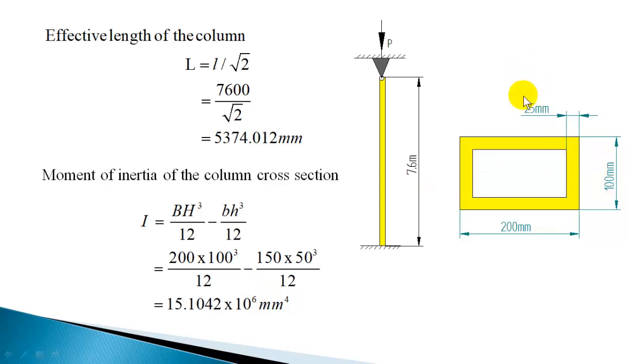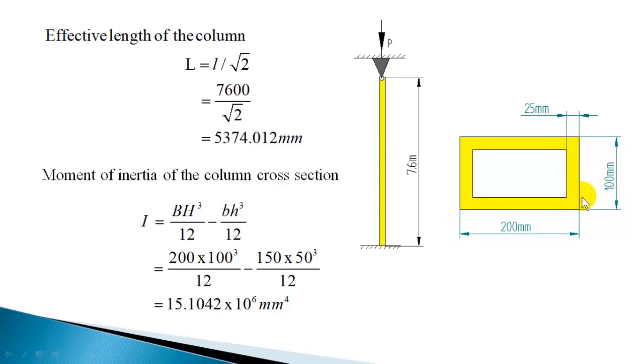If you take centroidal y-axis, you have to calculate the moment of inertia as hb cube by 12 minus again hb cube by 12, where you interchange h and b. That will be more because this dimension you are taking cube, and 200 is more.